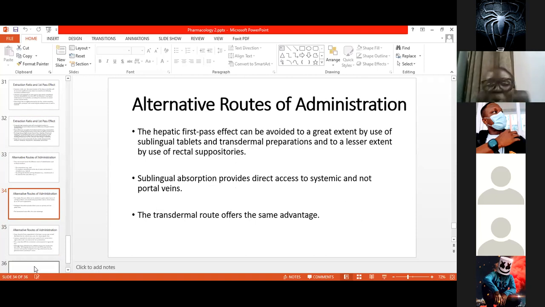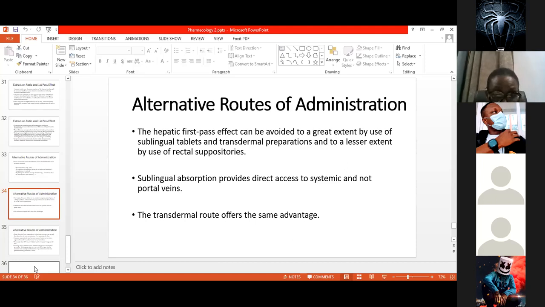Okay, so what I'm saying is that the first pass elimination is the liver extracting some of the medication and clearing it or eliminating it when the medication comes to it from the portal vein. The first pass effect is this phenomenon which occurs, leading to a decreased dosage of the medication when you give it by the oral route compared to the IV route.